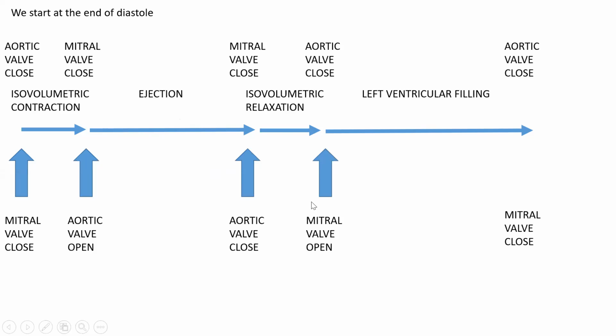The lower the value, the better the function of your heart. Why? Because we want our heart to spend more time in the ejection period rather than in isovolumetric relaxation and isovolumetric contraction time. For example, the normal value for the right ventricle myocardial performance index, or Tei index, is less than 0.43.